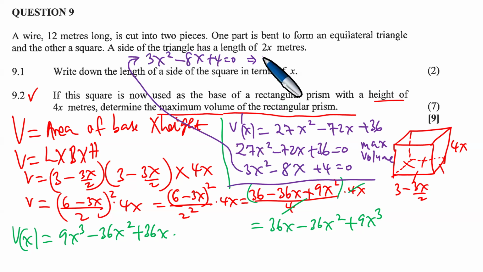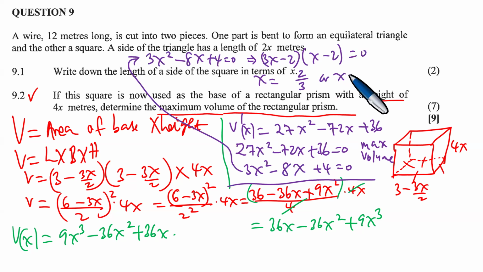So you have (3x minus 2)(x minus 2) as the algebraic factors. At this point, we are able to observe that x is 2/3 or x equals 2.